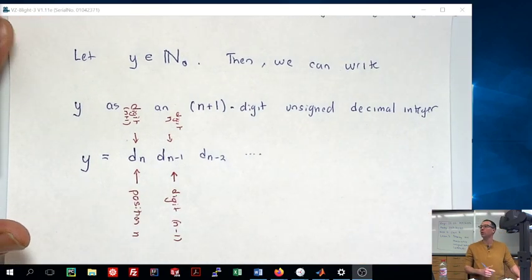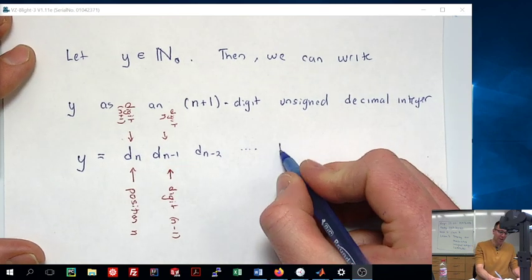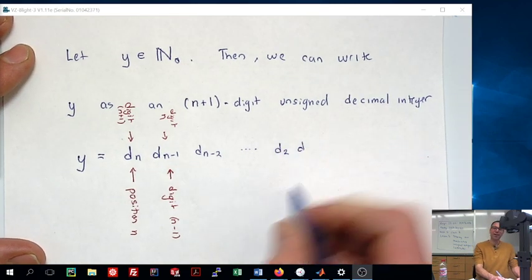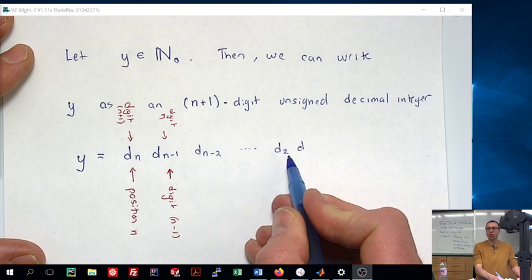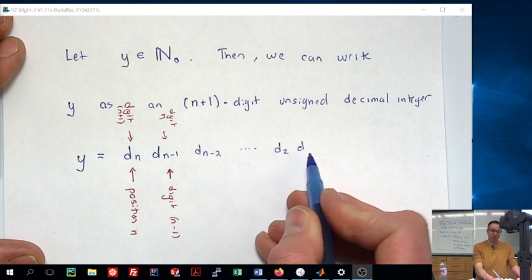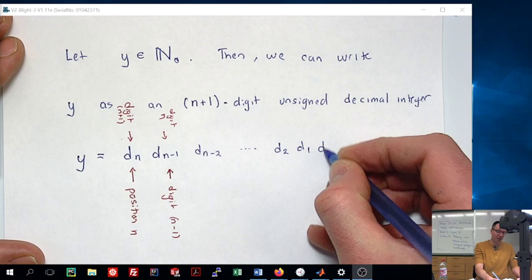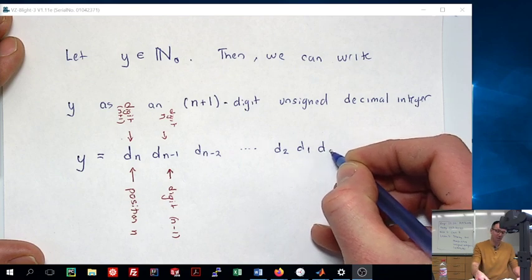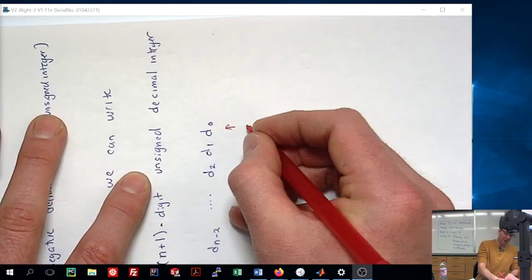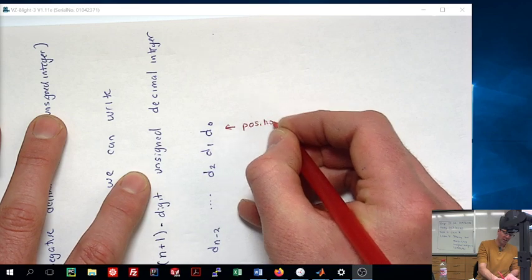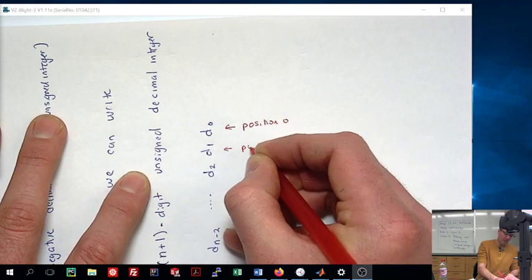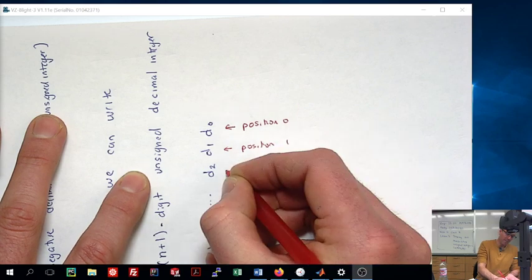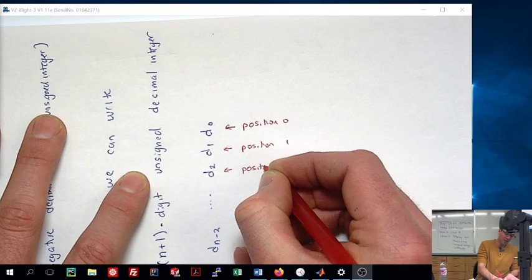Where do we go down to? Yeah, the digit in position 2, the digit in position 1, all the way down to the digit in position 0. So let's go ahead and remind ourselves this is position 0, position 1, position 2.